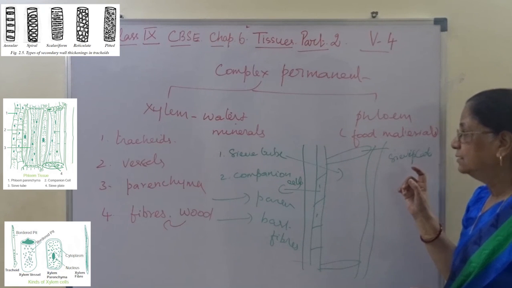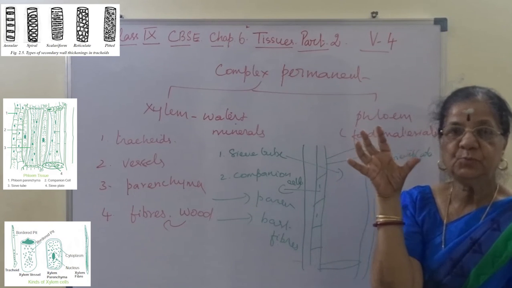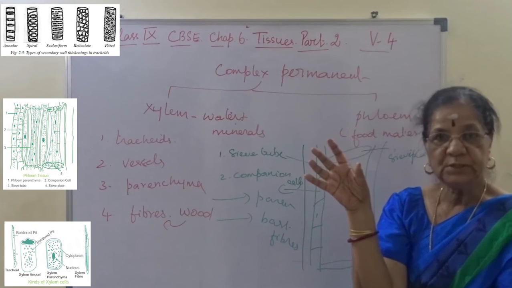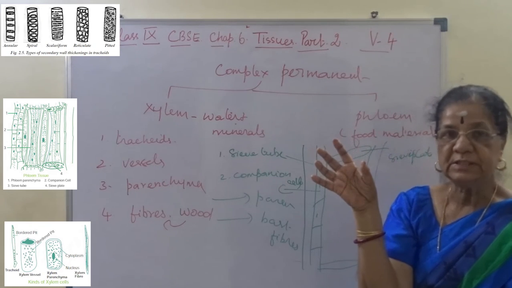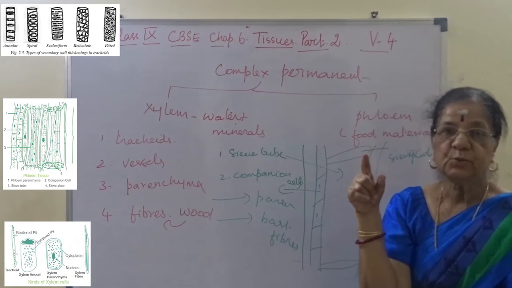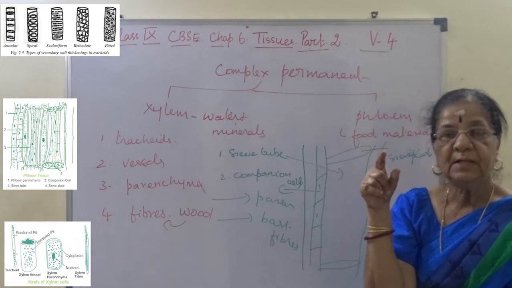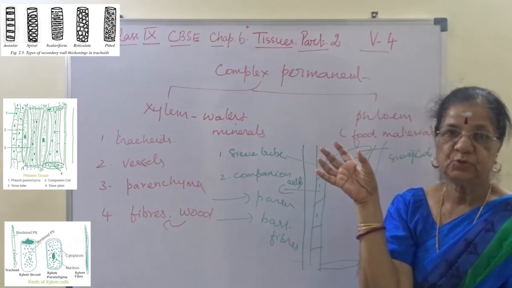In flowering plants, angiosperms, the sieve tube will not have a nucleus. It is a living tissue, but it will not have a nucleus. Only the companion cell will have the nucleus, and it will be helpful for functioning of the sieve tube.